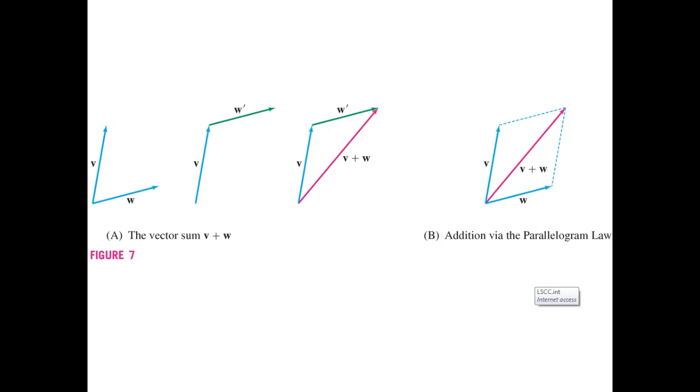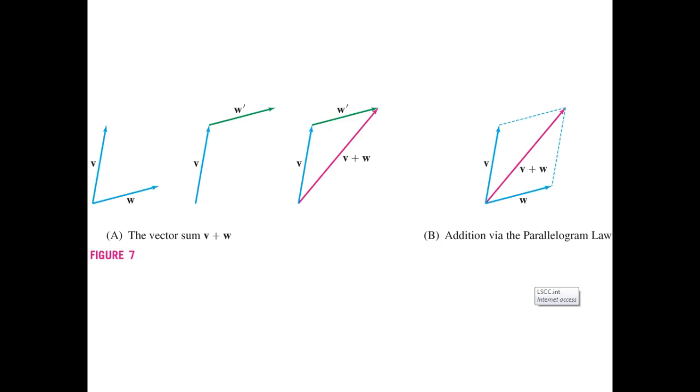You could have left it W because they have the same components. Then draw the line connecting the base point of V to the terminal point of W, and that's your sum vector. And by the way, you add two vectors, you get a vector. That's what we've just done.